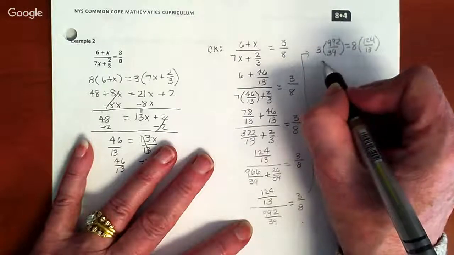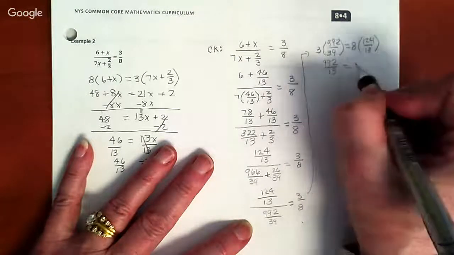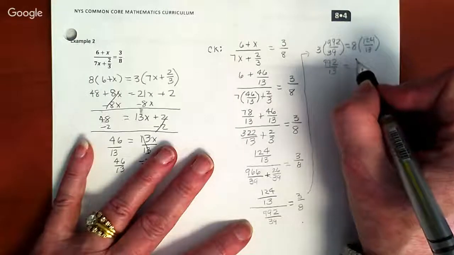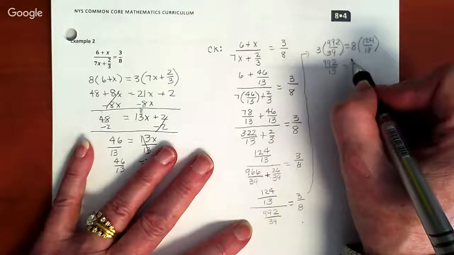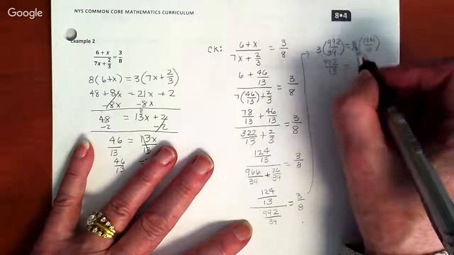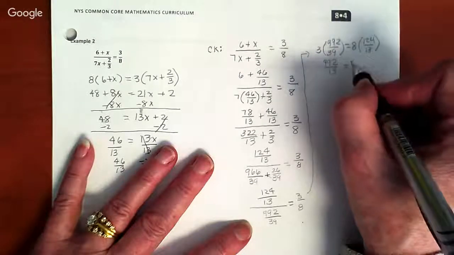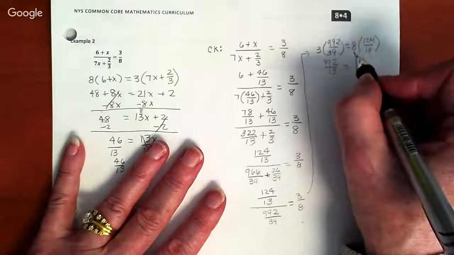And here I have 992 over 13 equals 2976 over 39.